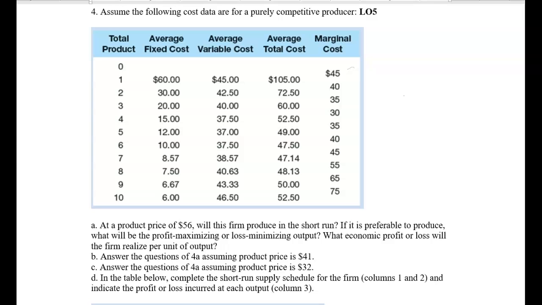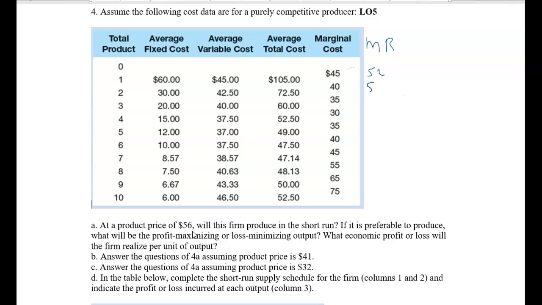So the first thing that we need to do is understand that the product price of $56 in a perfectly competitive industry means that the marginal revenue is $56. So let's write that down. Marginal revenue is $56.